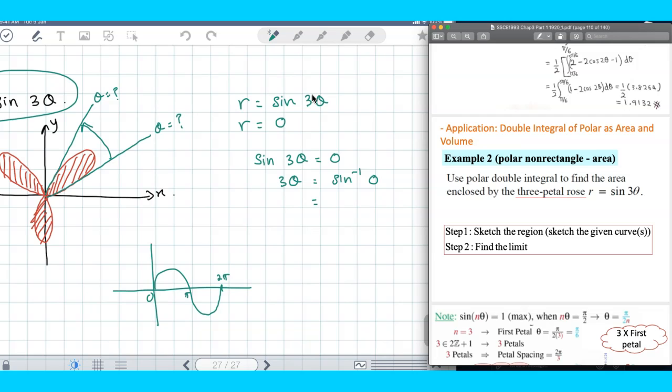So now ask yourself, what sine gives 0? And the answer is 0. So from here, sine 0, you will get 0, right? So you have 0 as one of the answers, isn't it?